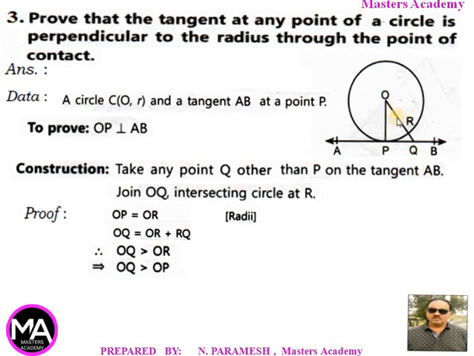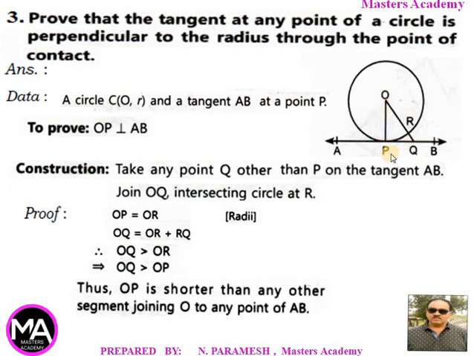OQ is greater than OR, which implies OQ is greater than OP. Thus, OP is shorter than any other line segment joining O to any point on the line AB. Therefore, OP is perpendicular to AB.